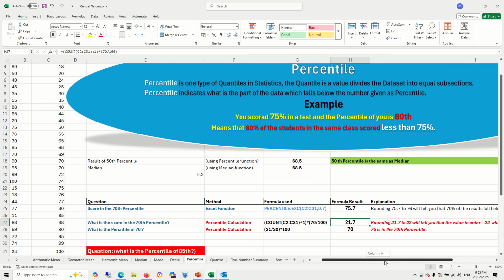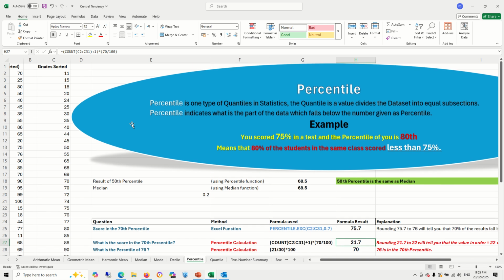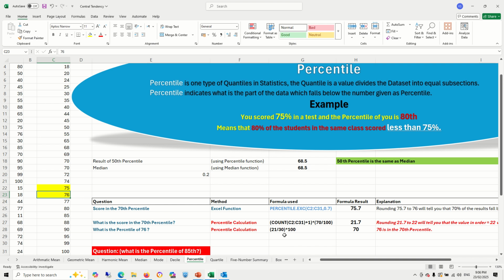So now, if we look at 21.7 here, we will see that the value in the 21st order is 75, and the next one is 76. So if we want to get exactly the percentile, regardless of whether it exists in the data set or not, we will apply the same way.